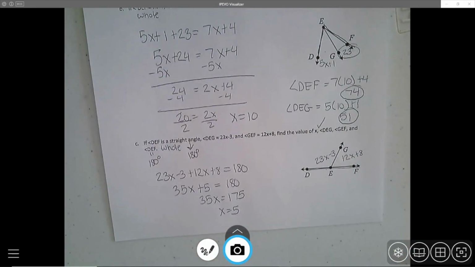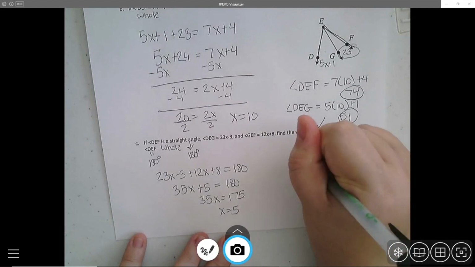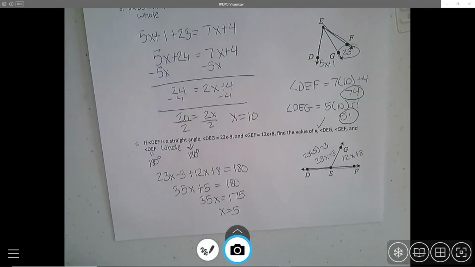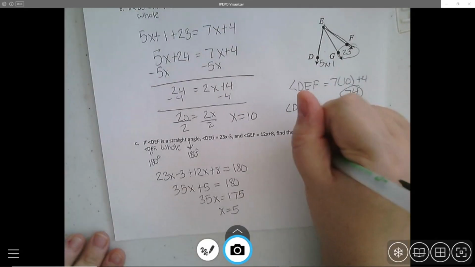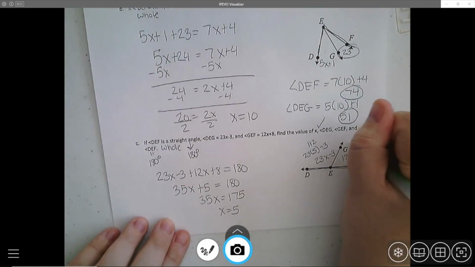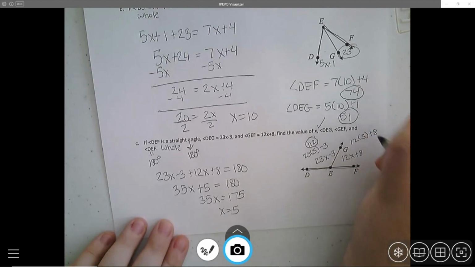All that I now need to do is substitute in 23 times 5 minus 3. 23 times 5 is 115, minus 3 is 112. And then I would have 12 times 5 plus 8.